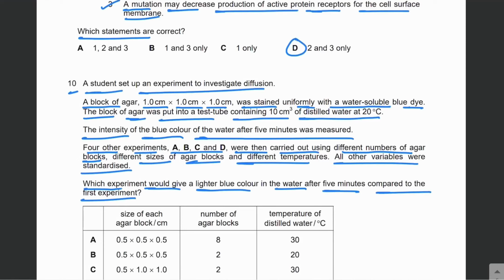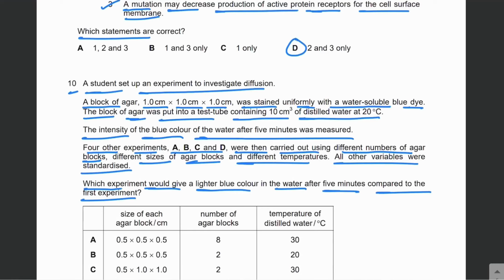So guys, they are saying that which of the options will give a lighter blue color in water after 5 minutes compared to the first experiment. Guys, lighter blue color means less diffusion of blue dye into water, right? And basically there are sizes of blocks and number of blocks.